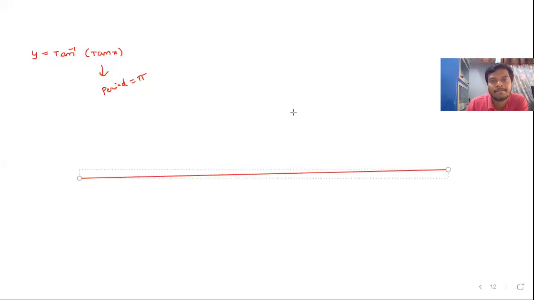Next we will discuss the graph of y equal to tan inverse of tan x. We know that its period is pi. It is a periodic function whose period is pi.